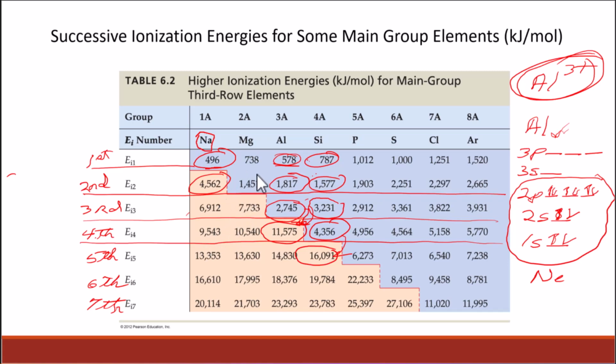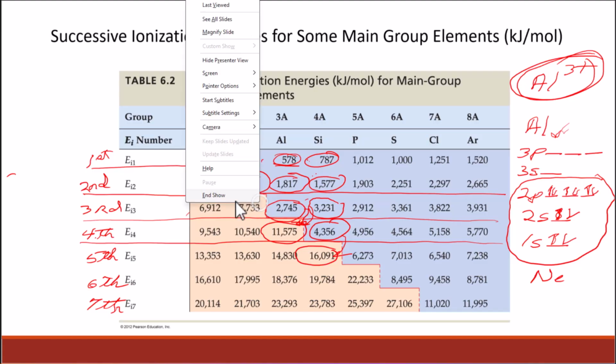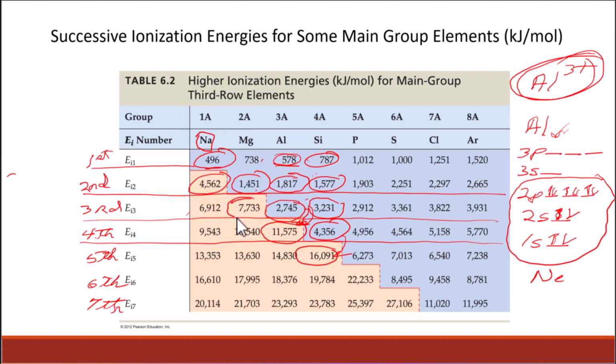Here's magnesium. It's got 2 electrons in its valence shell. So the second ionization energy is higher than the first ionization energy, but look what it does for the third ionization energy. It jumps up to 7,733 kilojoules per mole. That's because you've got noble gas electron configuration here.